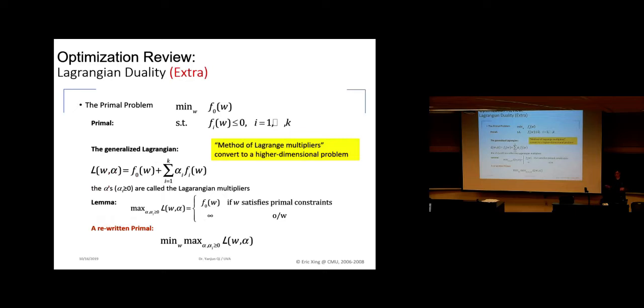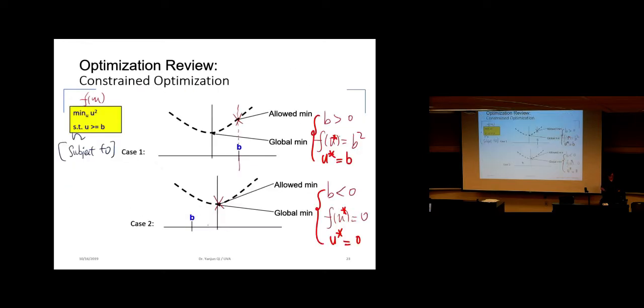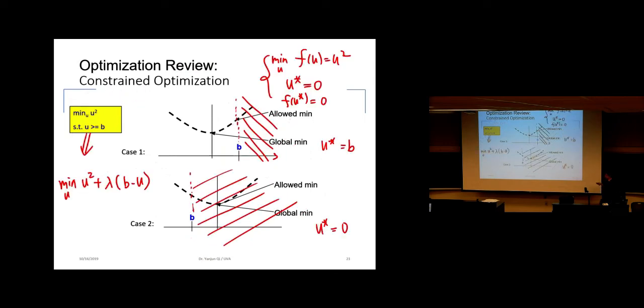So what is it? The primal problem, like I said, has an objective function and constraints. I'm trying to minimize the objective function over my variables w, subject to a series of inequality constraints. Then I can convert the constrained problem into a generalized Lagrangian form, which is exactly what I did here.